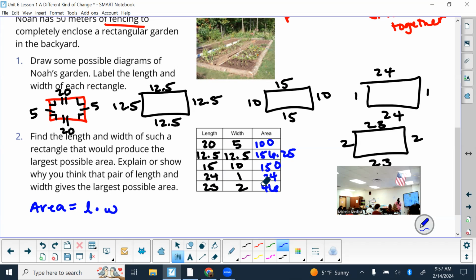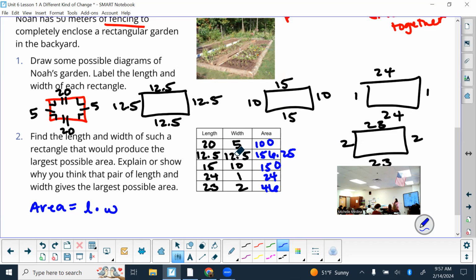But to figure out the answer to the question for which rectangle would produce the largest possible area, see if you can notice yet another pattern. What happens when the numbers are farther apart, from the length to the width, compared to when they're closer together?